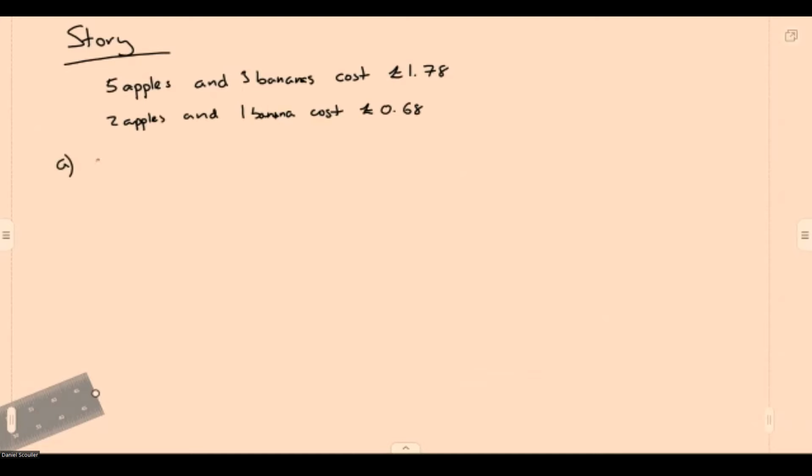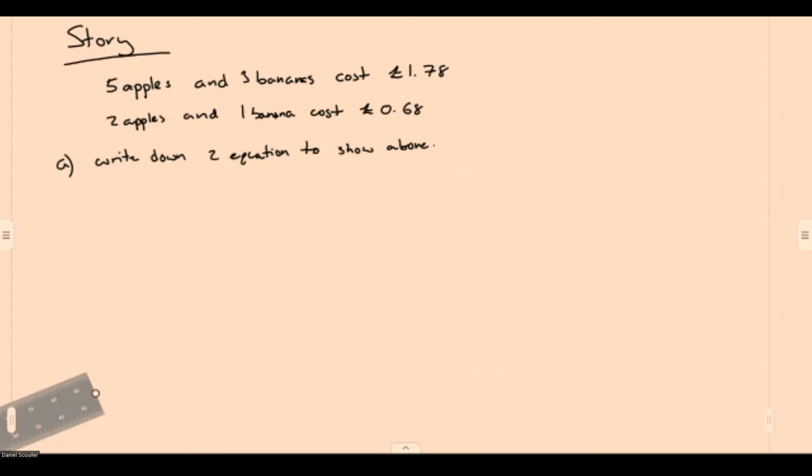Part A: two equations. The letters that we use just represent something, it could be anything, even everyday items like apples and bananas.